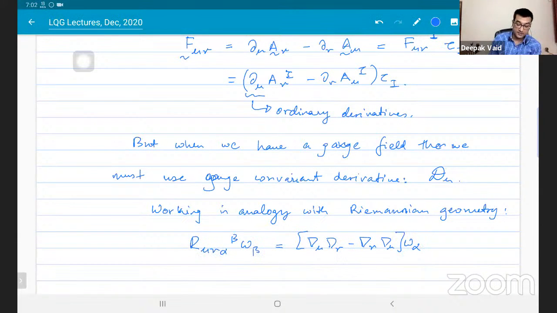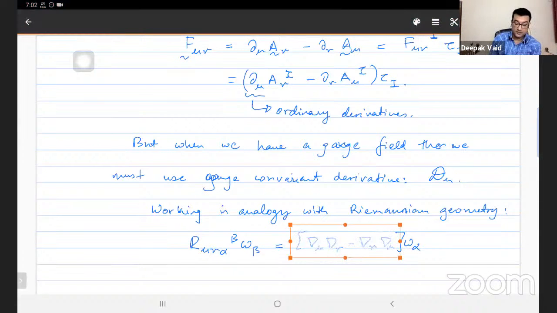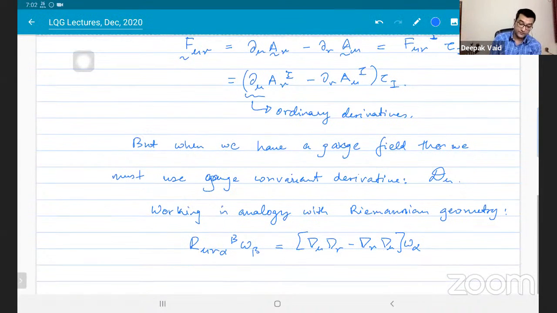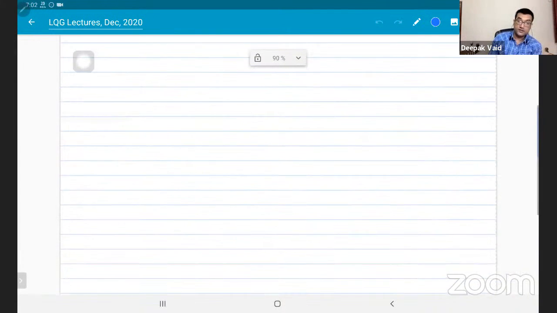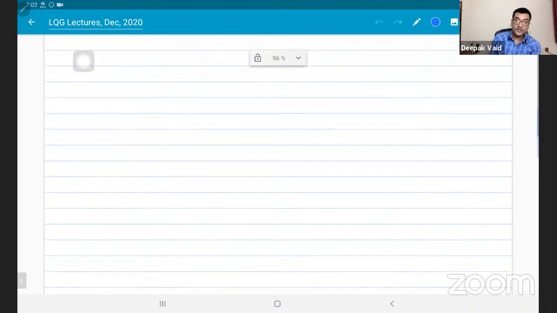It is written as the commutator of the covariant derivative. So by analogy with this, the way I should define my curvature tensor, it should be something that is related to this commutator of my covariant derivative.